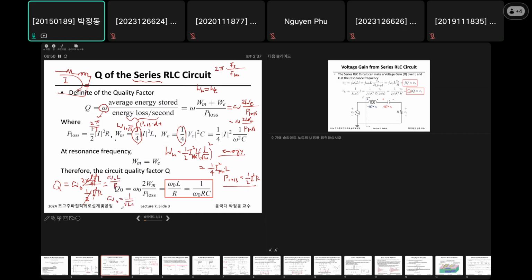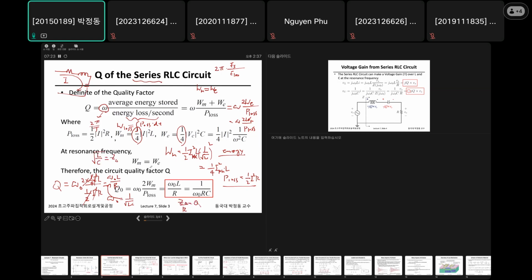So if you put this together, what you get is 1 over R multiplied by the square root of L divided by C, which is actually Z naught. So you may express Z naught over R. This is another form of Q.